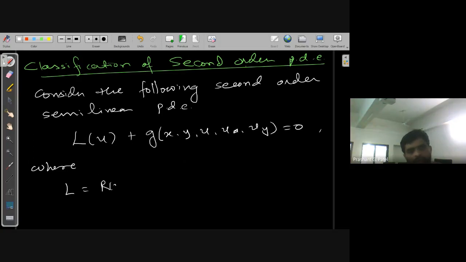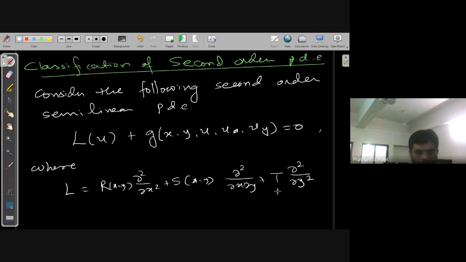r of xy del square by del x square, s of xy del square by del x del y plus t of xy del square by del y square, with r square plus s square plus t square not equal to 0.